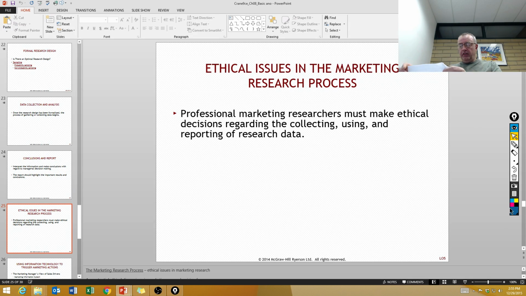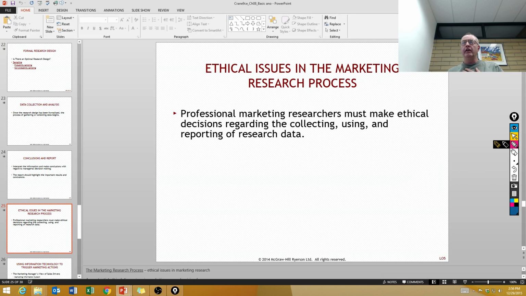So if the researchers don't report problems that they encounter during the research stage due to incomplete data, then maybe the conclusions we draw aren't going to be very favorable or very accurate.